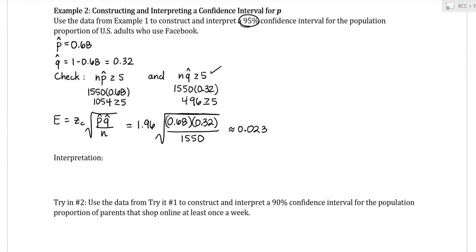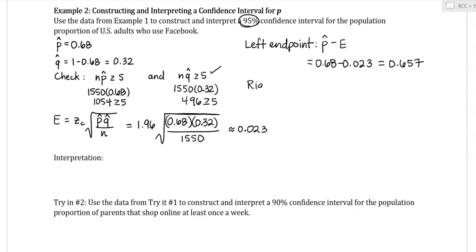Now that we have the error, we're able to find the left endpoint and the right endpoint of our confidence interval. The left endpoint we would find by taking the sample proportion, p hat, and subtracting the error E. So the left endpoint is equal to 0.68 minus 0.023, which comes out to 0.657. Now let's find the right endpoint.